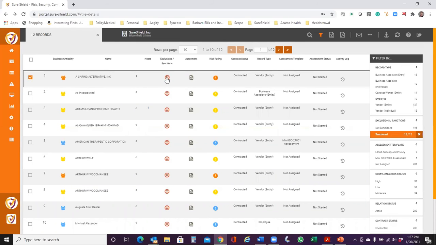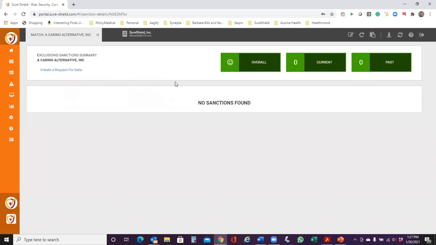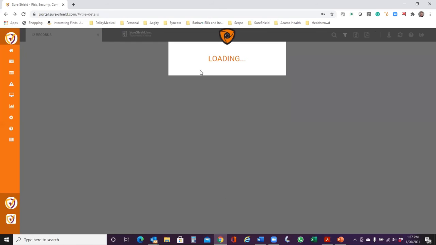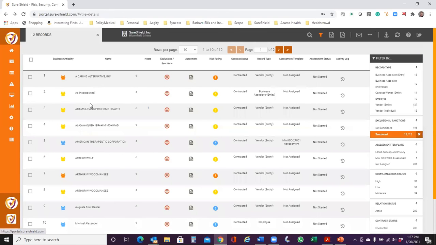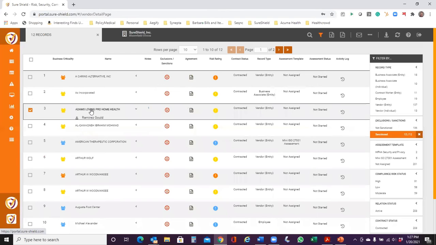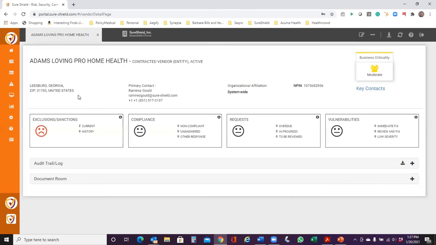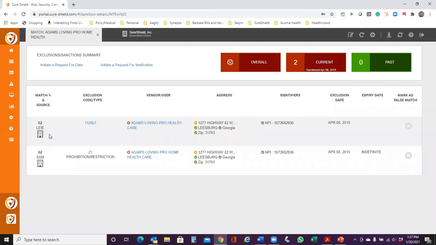If I were to click into that again, it's not only going to help me identify what those sanctions were for, but who the providers were that were part of that. What were the ones that popped up? What were the provider lists that they showed up on? In this case, this particular entity showed up on the LEIE and the SAM.